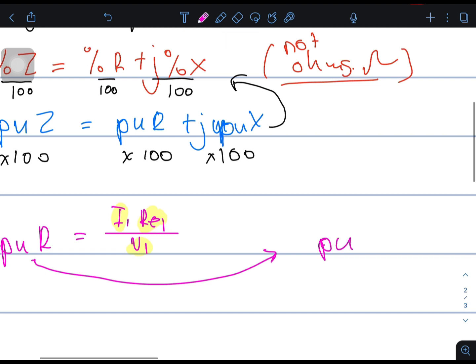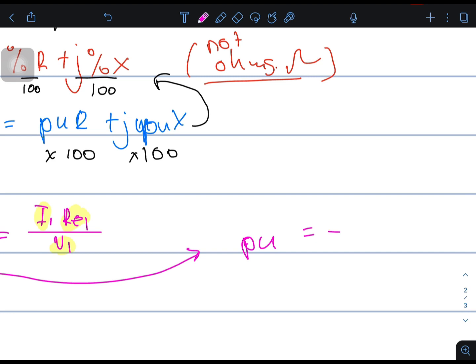That is why manufacturers give us values in per unit values or percentage values, because with per unit values I can work with either primary or secondary. I can use it on the primary to get equivalent resistance primary, or to get equivalent resistance secondary.